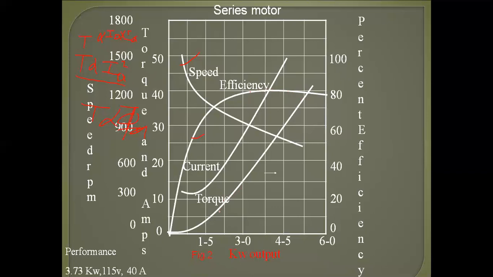The armature and field copper losses vary as the square of the current, so these losses increase rapidly with increasing load. The efficiency becomes maximum when the friction and iron losses are practically equal to the copper losses.